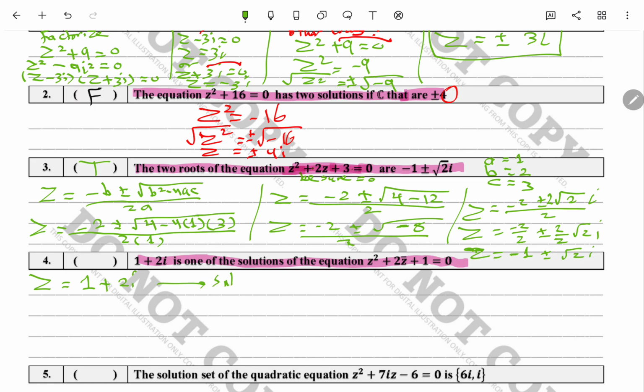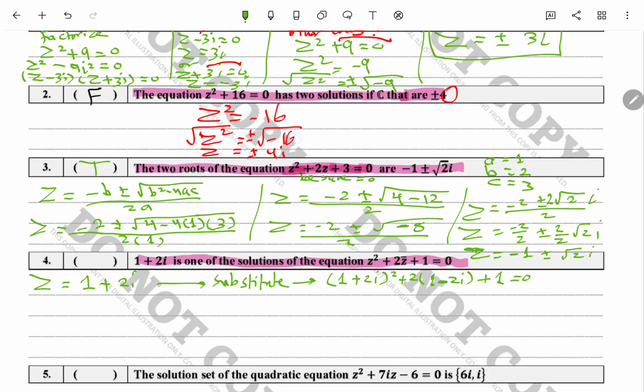You can substitute it in the equation exactly like this: 1 plus 2i all squared plus 2 times 1 minus 2i, and we change the sign of the imaginary part because it is a conjugate, plus 1 equals 0.